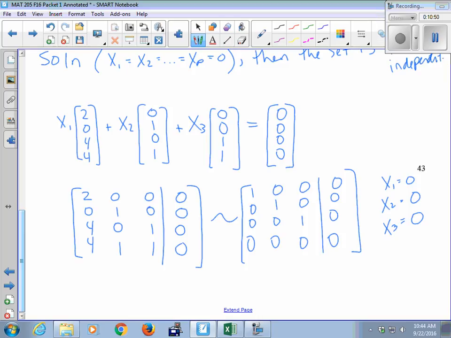Are there any other solutions? No. In order to have more than one solution, you'd have to have a free variable somewhere, right? I have no free variables, only the trivial solution, so this is linearly independent. Only the trivial solution means the set is linearly independent.